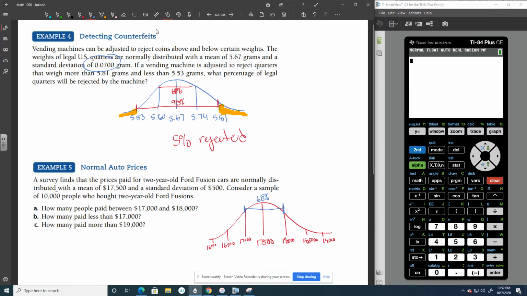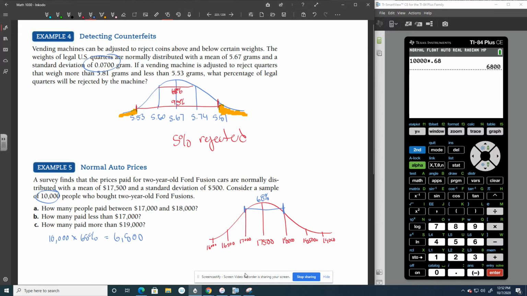If I know that there's 10,000 people, I can take 10,000 and times that by 0.68 on my calculator. So 6,800 people paid between $17,000 and $18,000. This is the percent that paid that amount, and this is the number that fits that percent.